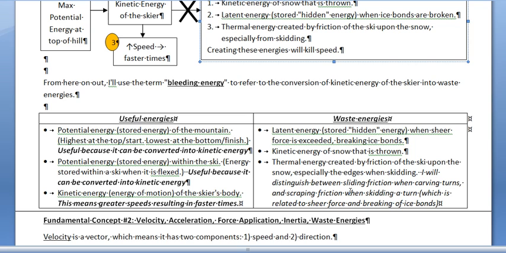I will distinguish between sliding friction, when the ski is sliding over the snow during carving, and scraping friction, when you throw your skis sideways and they scrape, kind of like a hockey stop. That increases the friction, but it's very close to shear force, and a lot of shear force is occurring because you're breaking a lot of bonds too when you're doing this. So it's very closely related to shear force and breaking bonds.